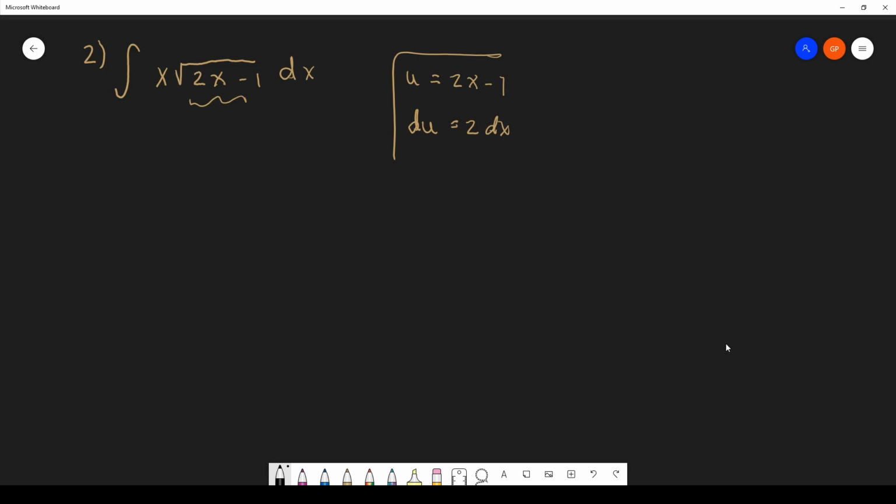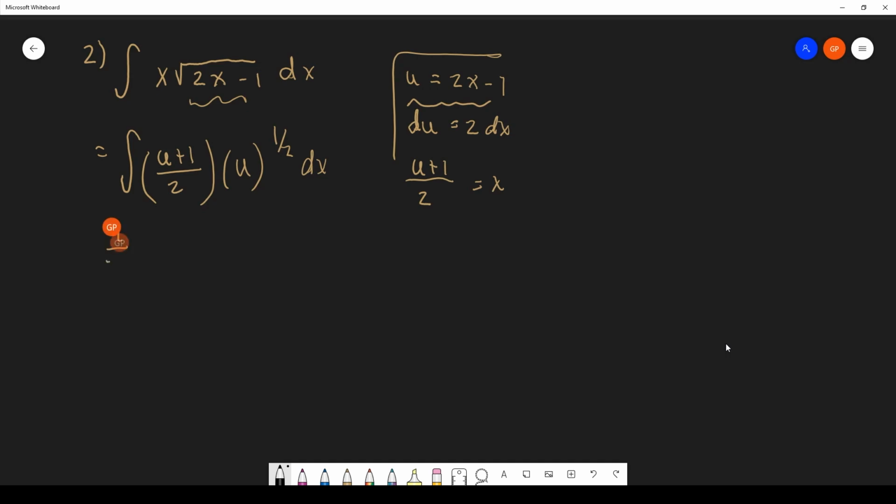So what we can actually do is manipulate this and replace x. If we move the 1 to the other side and divide by 2, we get that x is actually equal to (u plus 1) over 2, which means that we can rewrite this integral as the antiderivative of (u plus 1) over 2 times u to the 1/2 power dx. And so now I'm going to multiply these together and take out the constant.